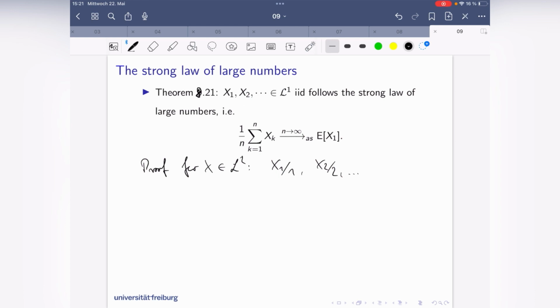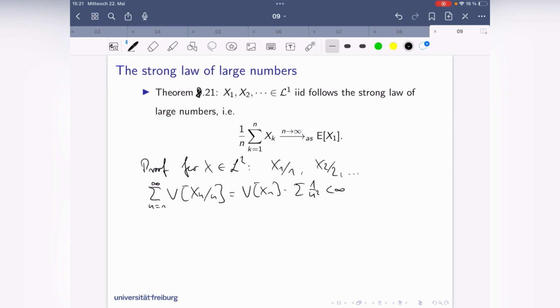Let us briefly compute the sum of the variances of xn divided by n from 1 to infinity. Well, that's easy, because the variance of xn divided by n equals variance of x1 times 1 over n squared, and that's variance of x1 times the sum over 1 over n squared, which is finite.